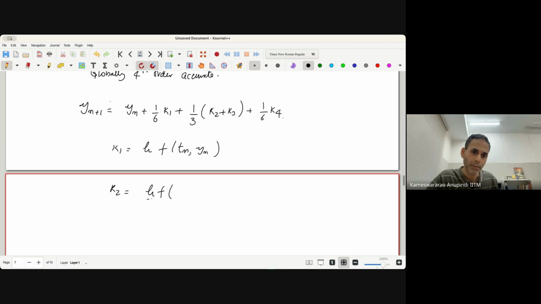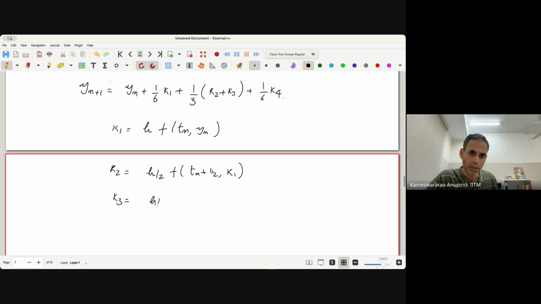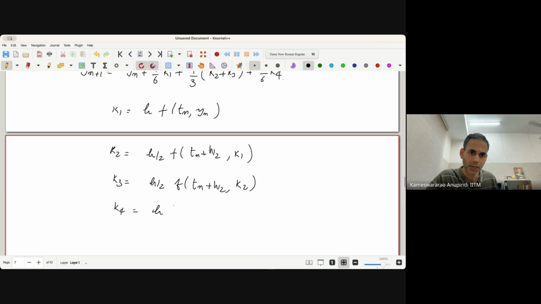equals h times f of t_n plus h by 2, y_n plus k1 by 2. Then k3 is h times f of t_n plus h by 2, y_n plus k2 by 2, and k4 is h times f of t_n plus h comma y_n plus k3.